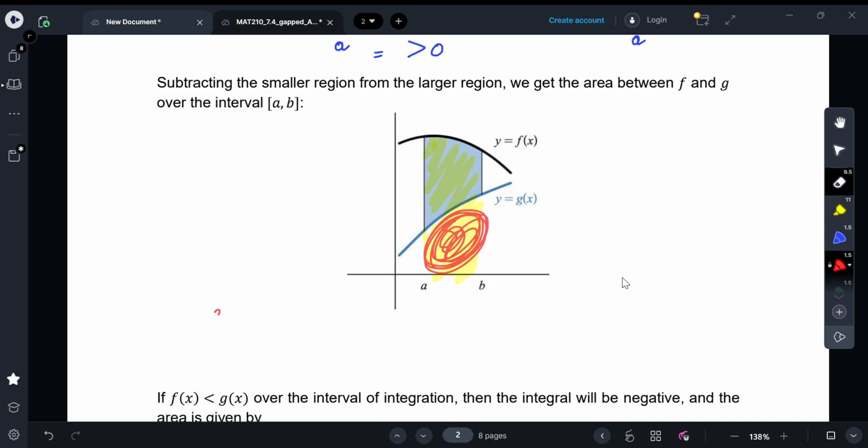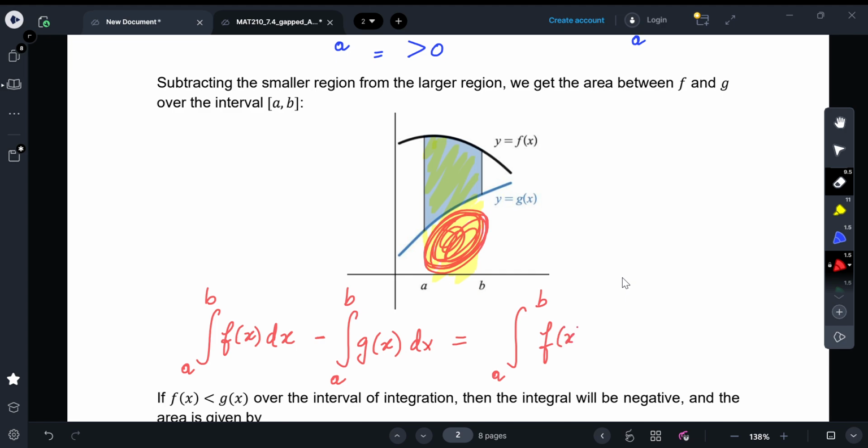So I'm taking the entire area under f of x dx. I'm subtracting the area under g because that's the area we don't want, right? And using the property of integrals, I can combine these two integrals as one. This will be the integral of f of x minus g of x dx.